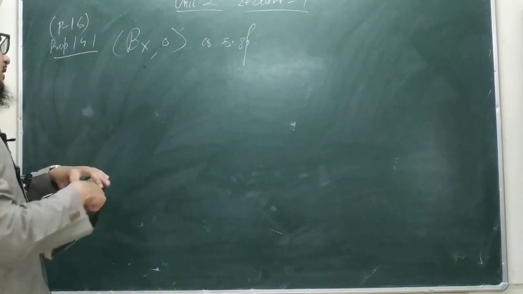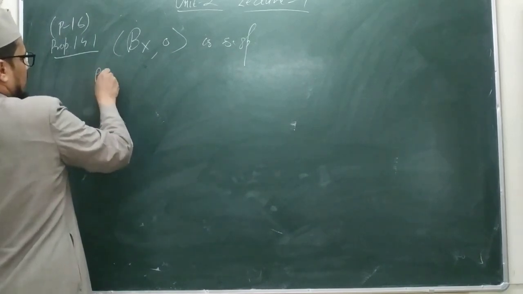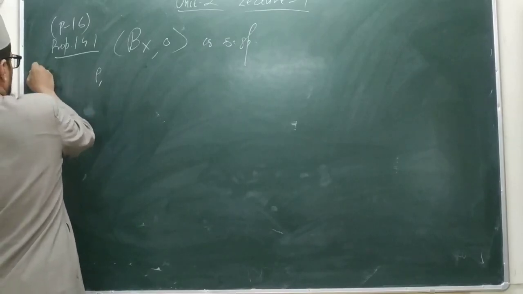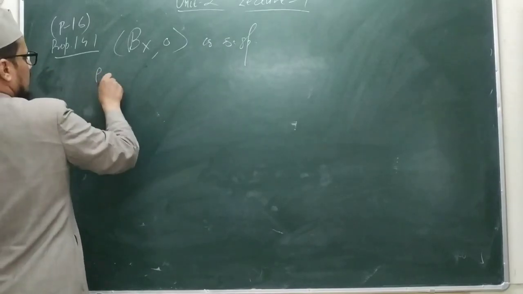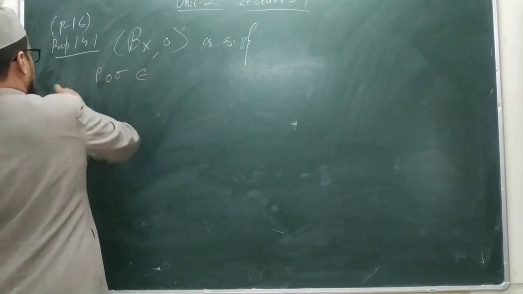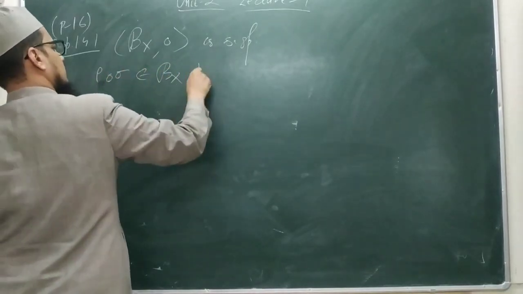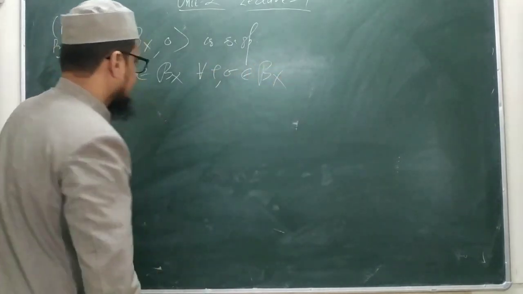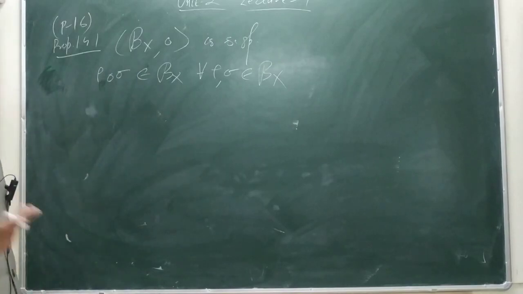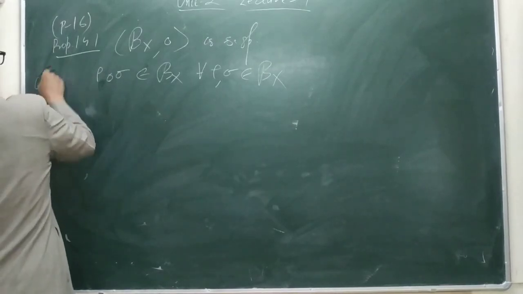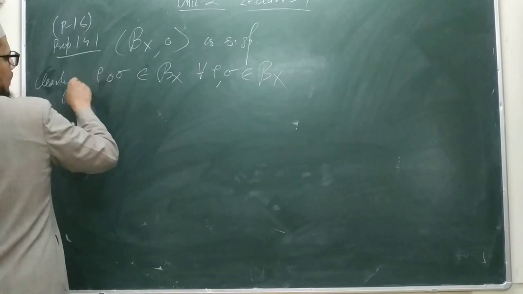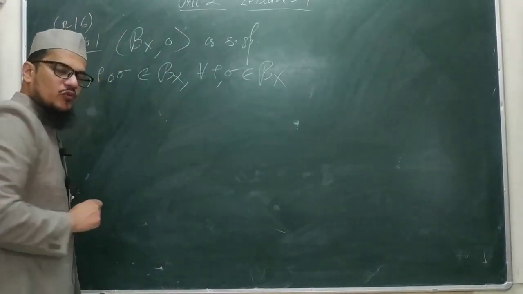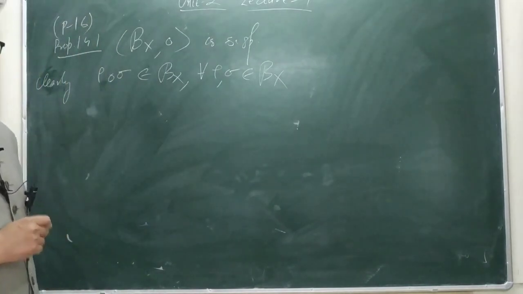Of course, obviously, rho composition sigma belongs to B_X for every rho, sigma belonging to B_X. This is true by the definition of rho composition sigma. Clearly, this is true. Now what we have to prove? We have to prove that this operation is associative.